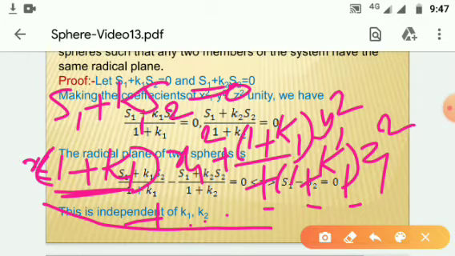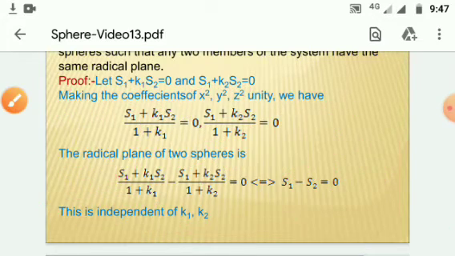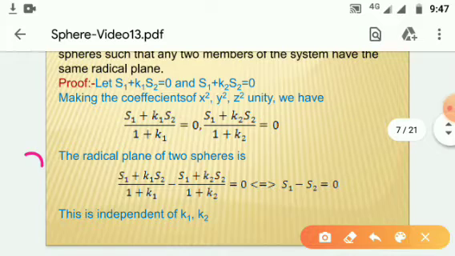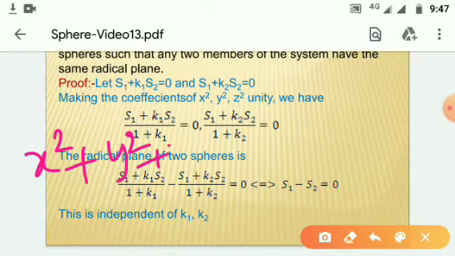But in the standard equation of a sphere, the coefficients of x, y, z should be unity. Therefore, by dividing this entire equation with 1 + K1, you will get like this: x square plus y square plus z square plus so on.